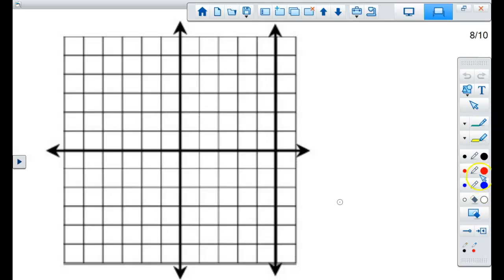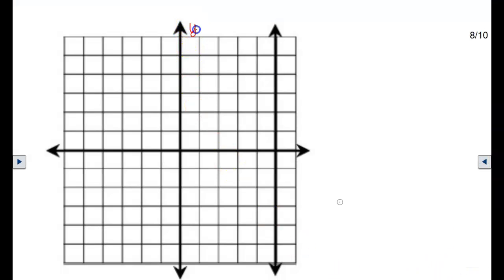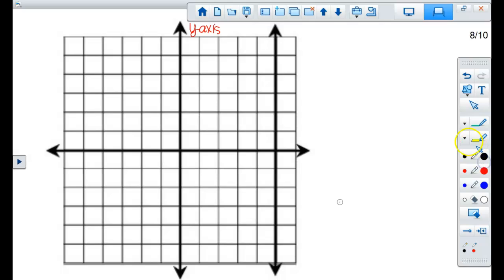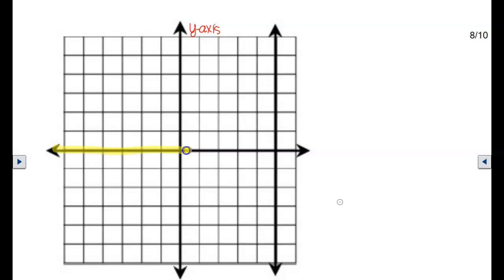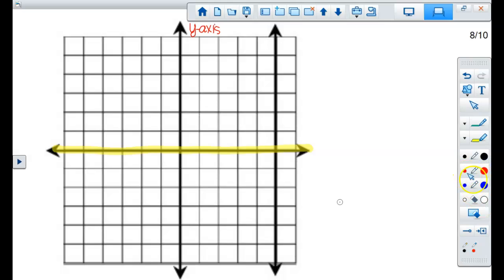Now, on this one, let me make sure you're clear about the graph. This is actually the y-axis, and this vertical line right here is your graph. So this vertical line over here at the right is the graph. Now, we're going to take the points on that vertical line and trace them back to the x-axis.